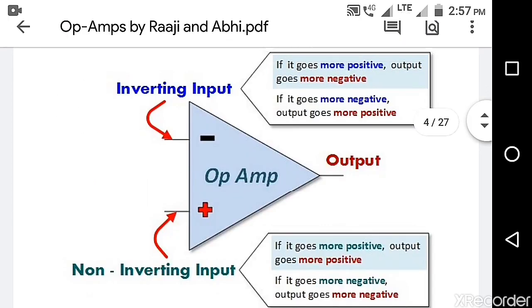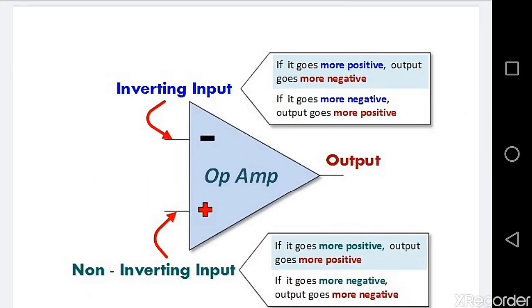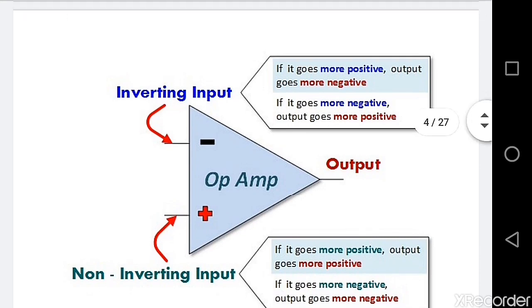Next, inverting and non-inverting input. First, inverting input. The basic job of the inverting input is to invert the data which we give to it. That is, if we give a positive input, it will be inverted and the output goes more negative.